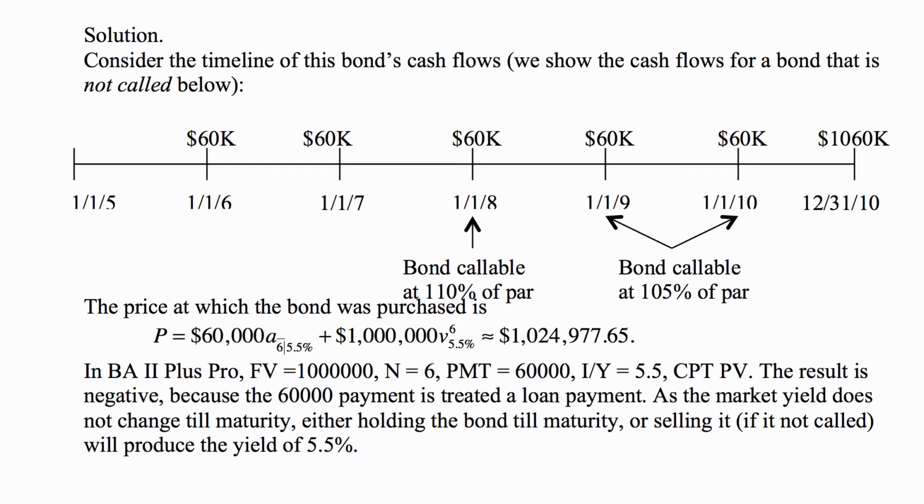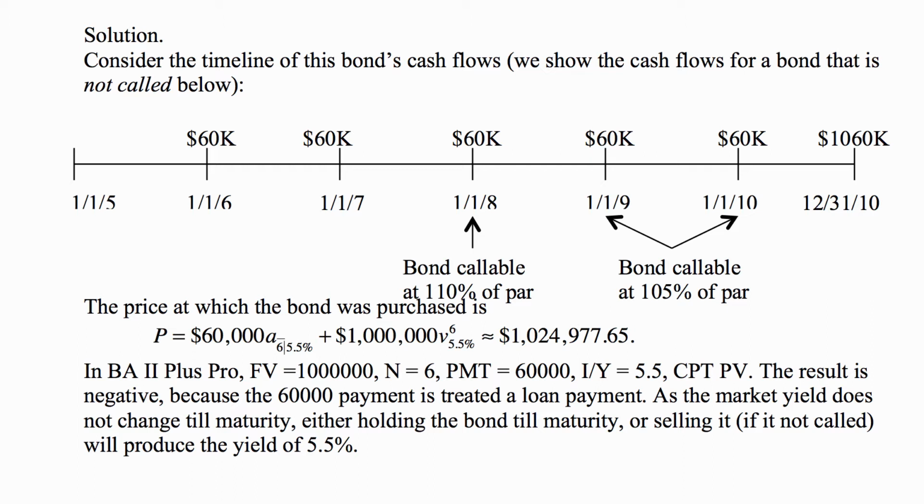And the bond is callable at 110% of par on January 1st, 2008, and at 105% of par on January 1st, 2009 and 2010.